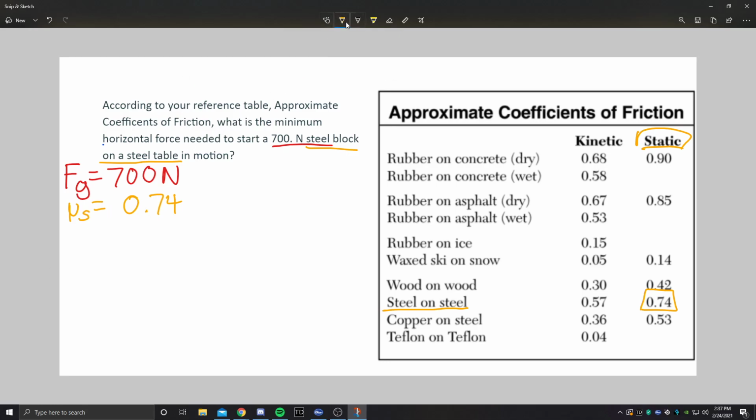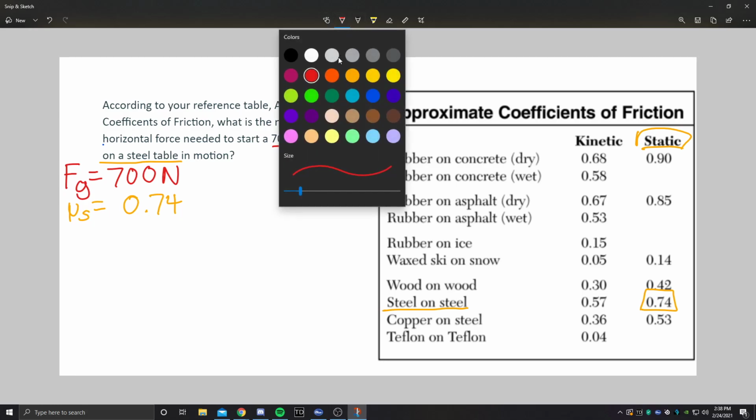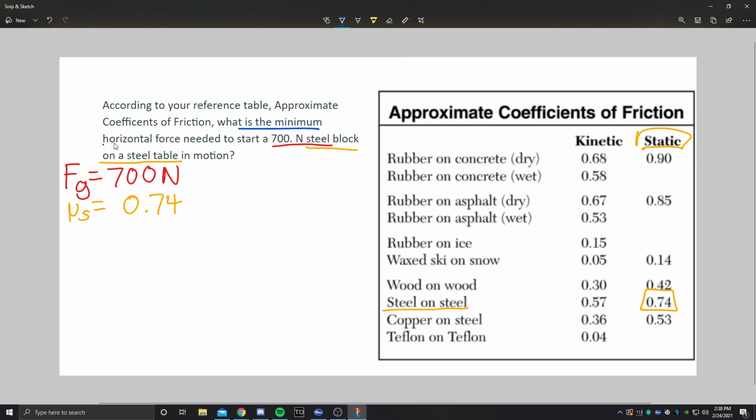Okay. So now you need to know what is the minimum horizontal force. And you know to move an object that's just at rest, you need a force that's greater than the static frictional force.